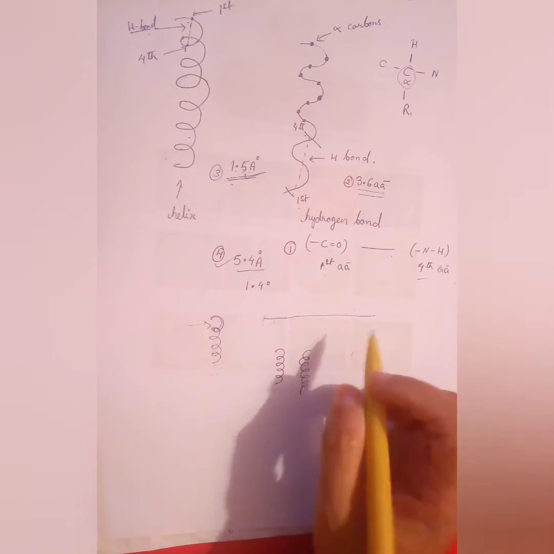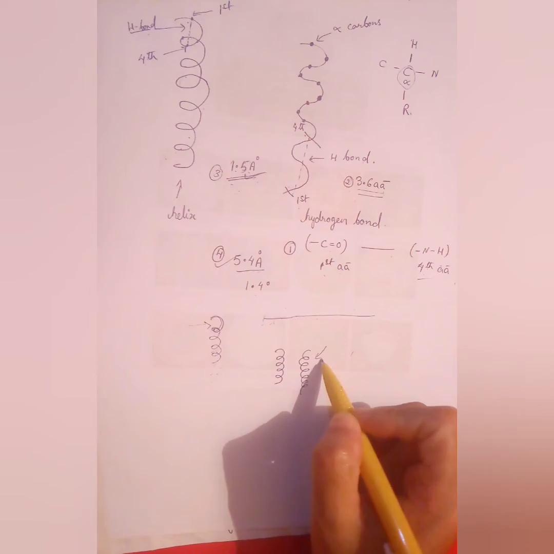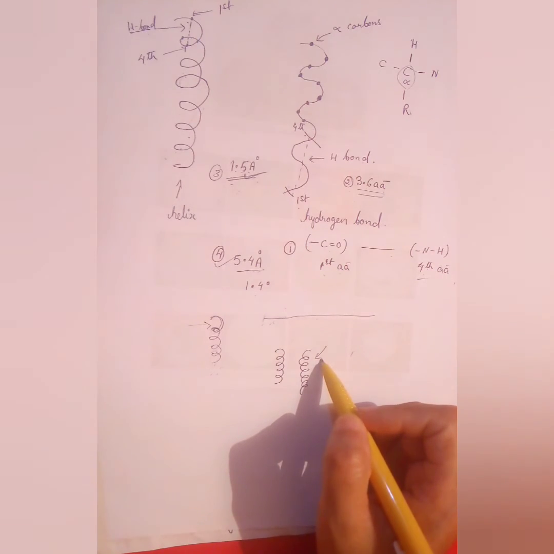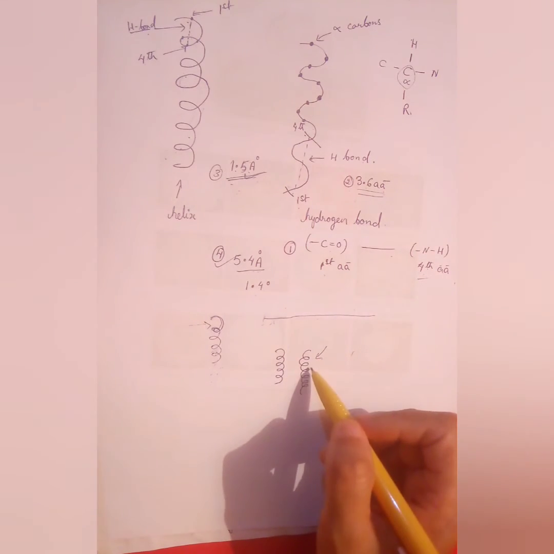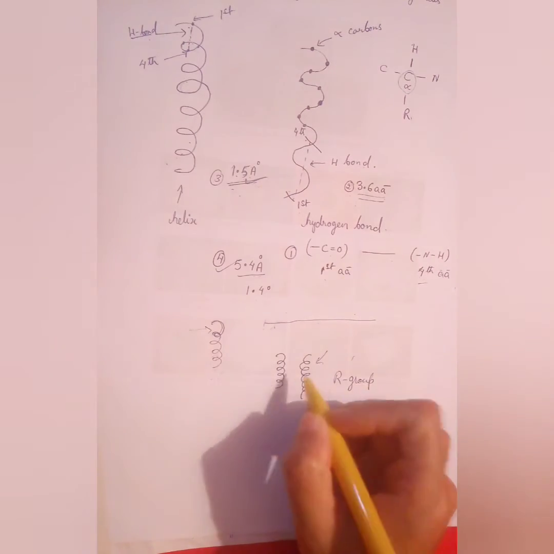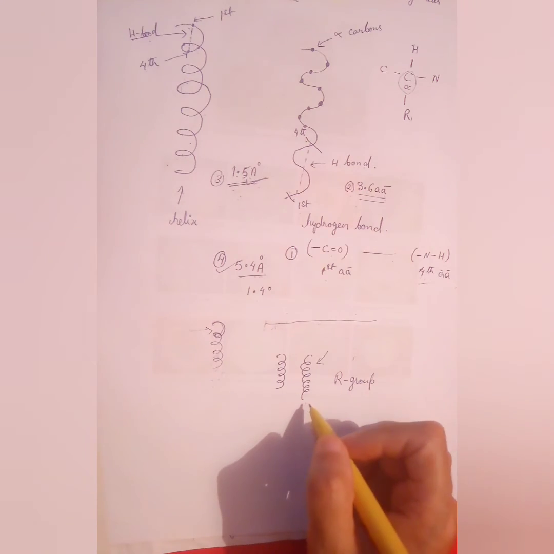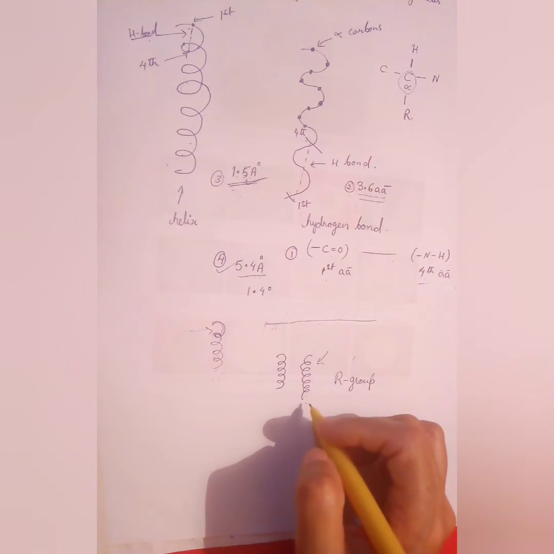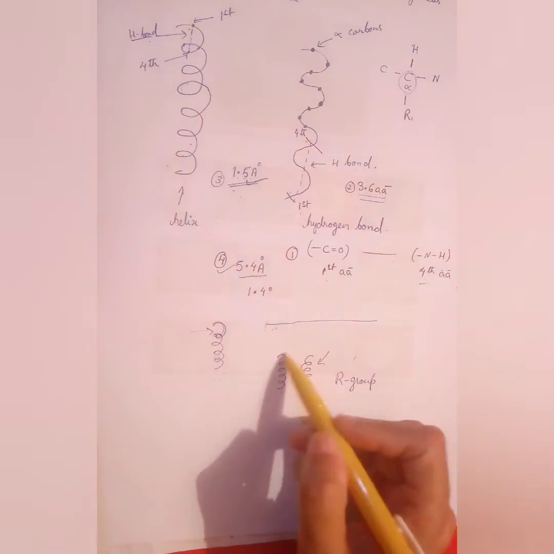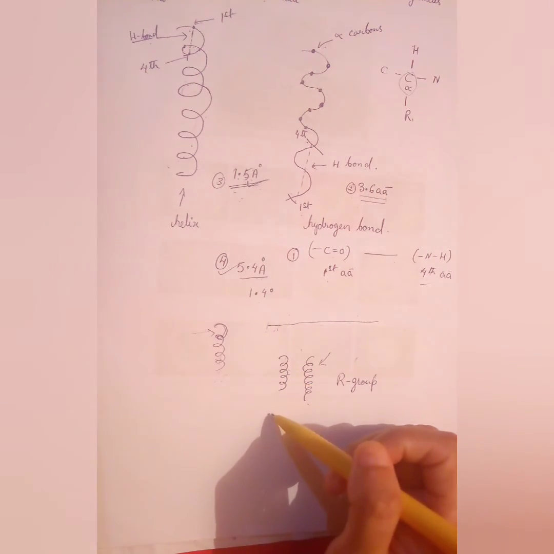It's just that the left-handed helical structure is not very common. It hardly occurs because it creates a steric hindrance, a steric interference between the side chains, the R groups. So it is not favorable. The right-handed helix is found in almost all proteins.